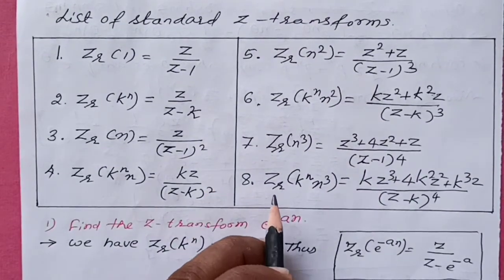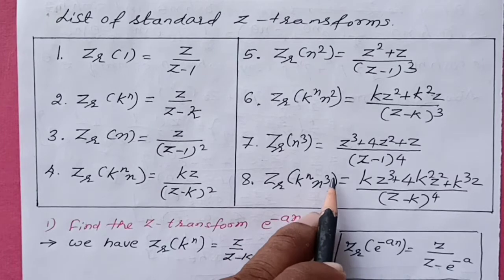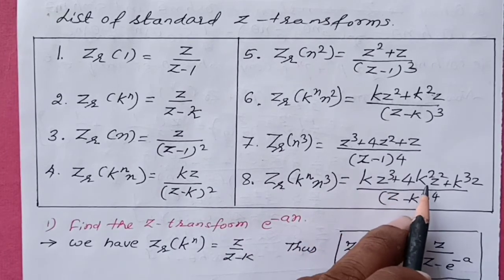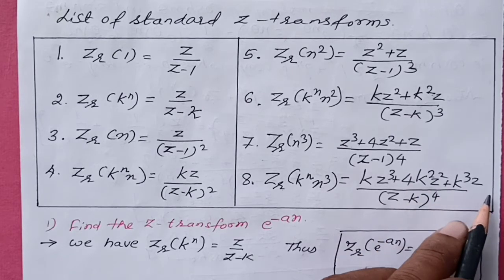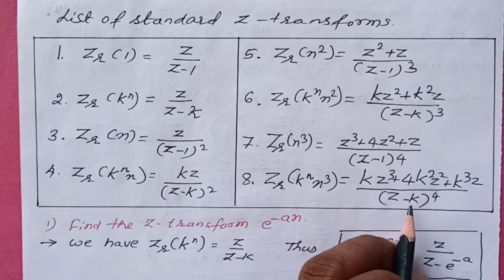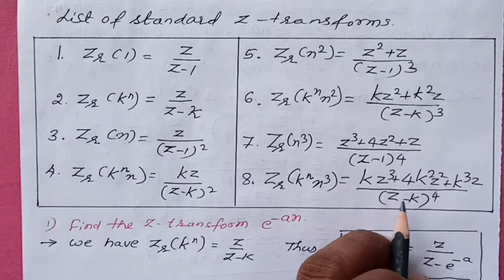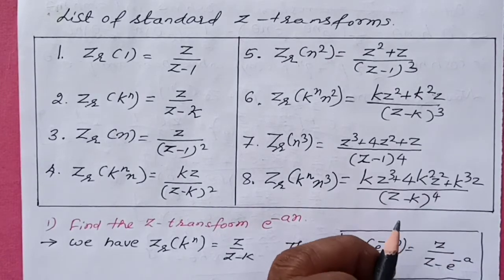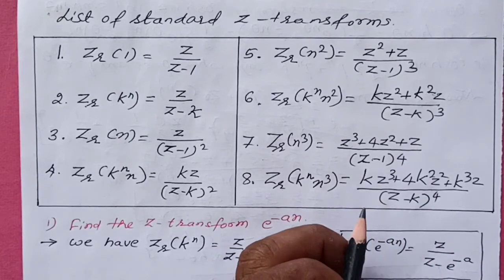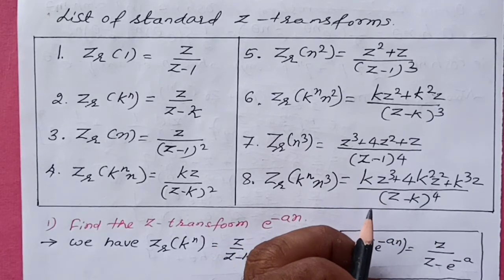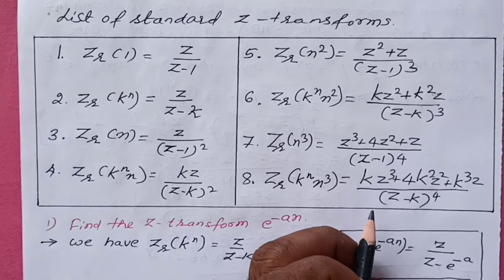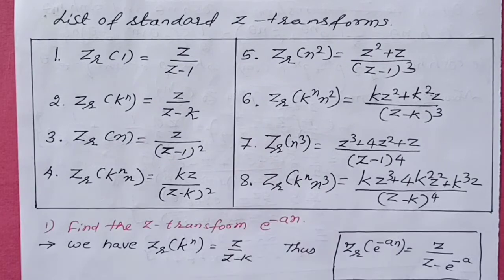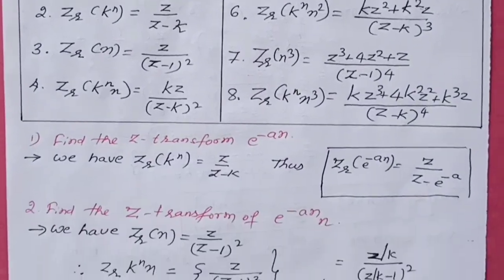And the eighth one, the Z transform of K raised to n into n cube is equal to K into Z cube plus 4K square Z square plus K cube Z divided by Z minus K raised to 4. If you know these 8 formulas, then it is very easy to solve the problems in this topic based on the Z transform.